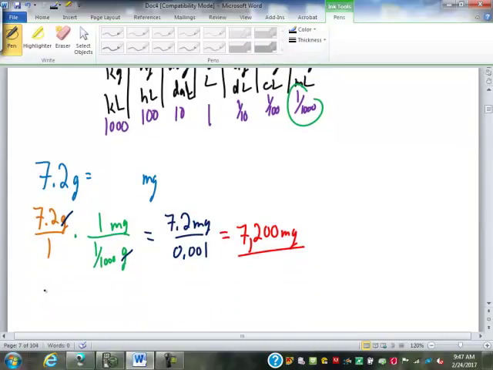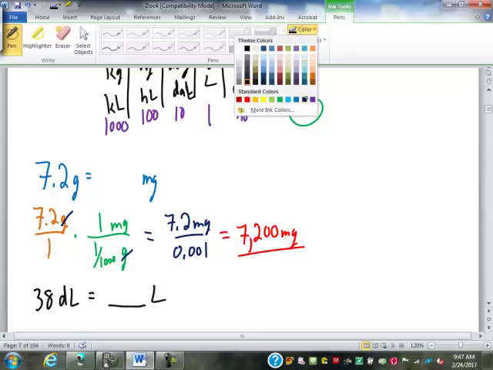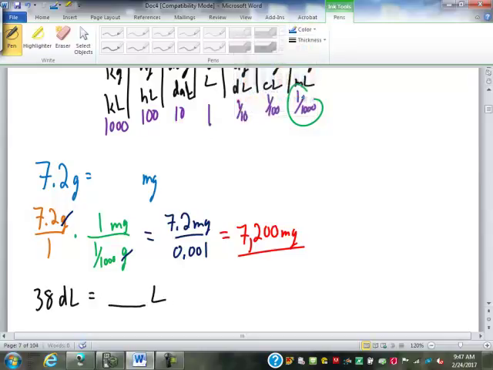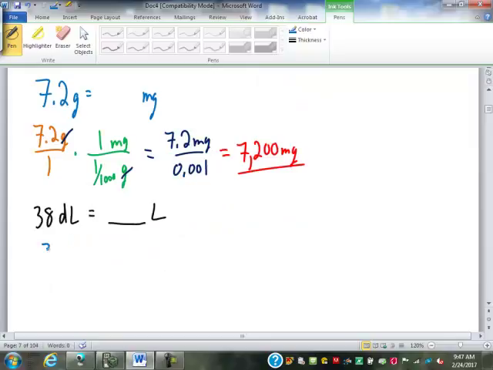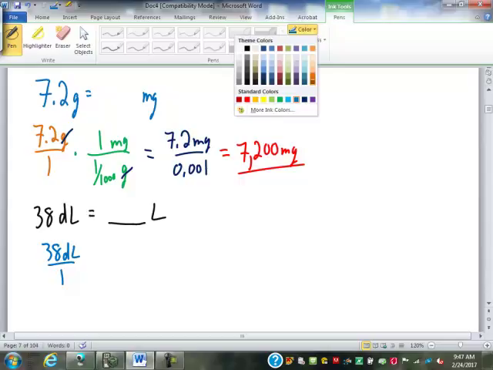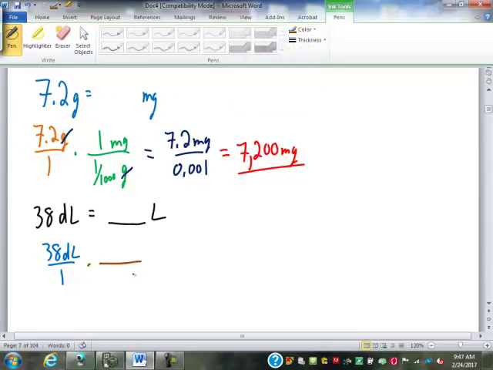We might have 38 deciliters and want to know how many liters that is. So we can do the same thing. 38 deciliters becomes a fraction by going over 1. We're getting rid of deciliters and going to liters.